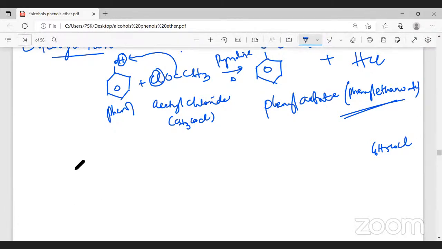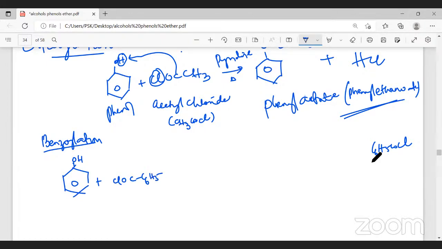Now the same reaction will be called benzoylation. When phenol is heated with benzoyl chloride, C6H5COCl, there is a benzene ring here, C6H5.